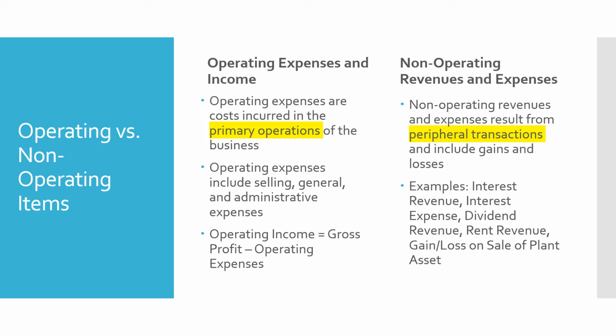That's not their primary operations, it's a peripheral transaction, so it would be reported in other revenues. Examples of non-operating revenues and expenses include interest revenue, interest expense, dividend revenue, rent revenue, and gains and losses on the sale of plant assets.